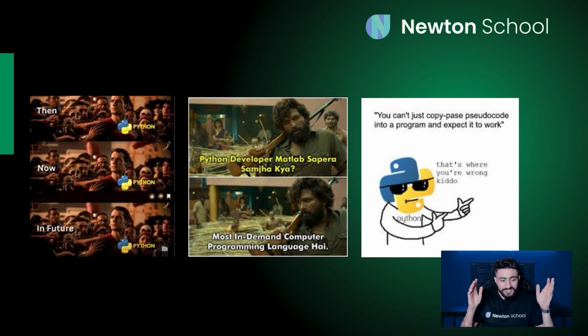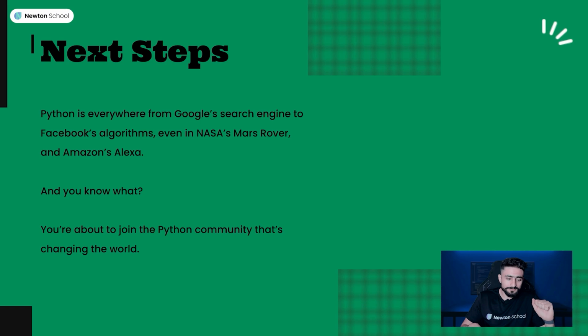Now, these are some memes just to show you that yes, Python is a popular programming language in the industry nowadays. That's why these memes are coming into the picture, because Python is actually popular, right? So yes, what next? Python is everywhere, starting from the Google search engine to NASA, your Amazon Alexa, and Facebook also uses it in its algorithms, right?